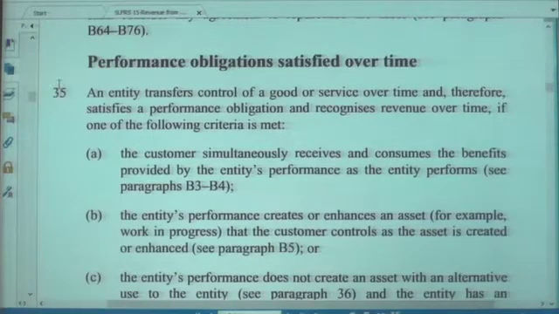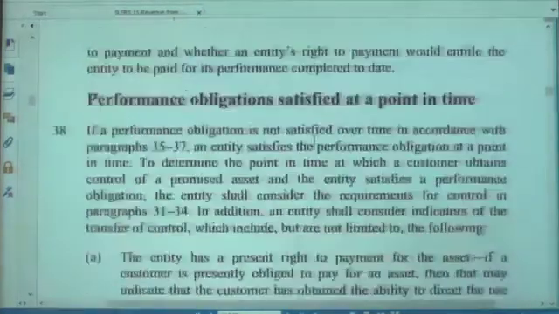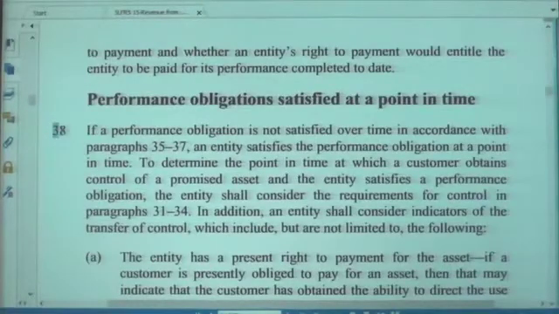In paragraph 35, they mention that the obligation is satisfied over time. Again, in paragraph 38, they explain an obligation satisfied at a point in time. This was discussed yesterday. At the beginning of the contract or at the end of the period, the obligation will be satisfied and control will be transferred, no issue with that.